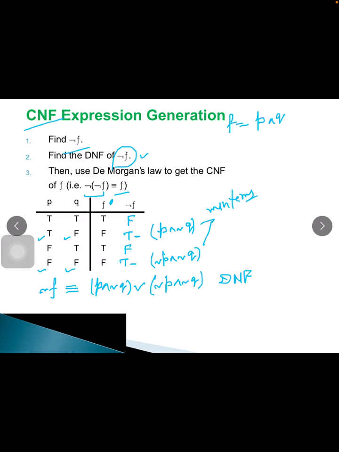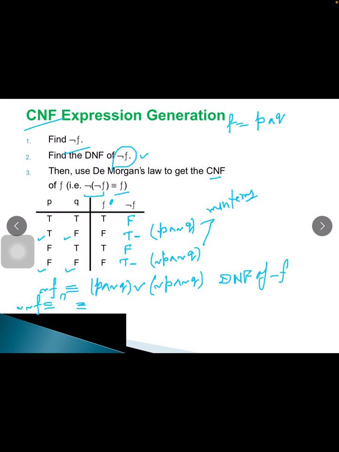So first we found the DNF of the negation of F. After that, our purpose is to find the CNF. How do we find the CNF here? For this you again use the negation of this negation of F, meaning you use De Morgan's law.